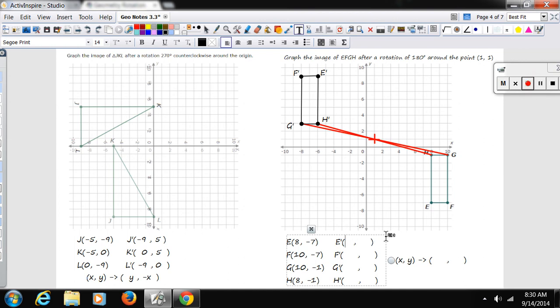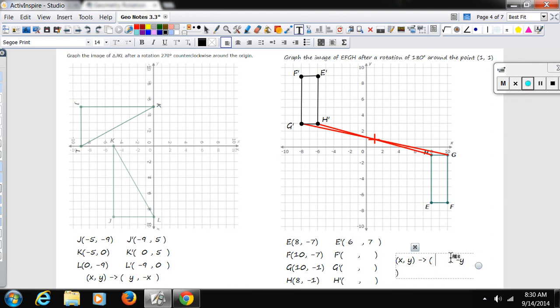Okay, E prime is 6, 7. So what happened? The y's became opposite, so that might probably be a good thing to put there. The opposite of y. X, we lost 2.